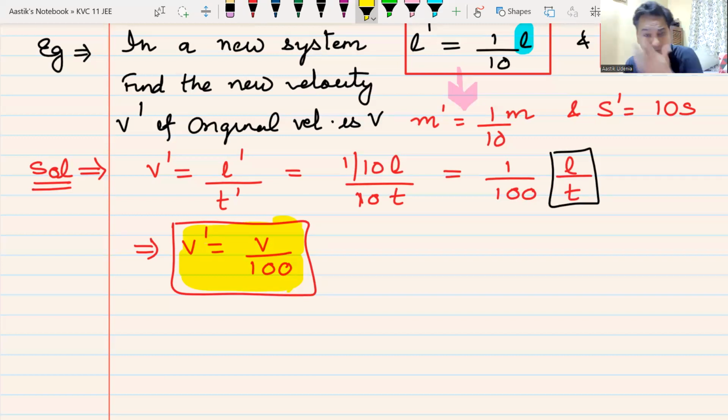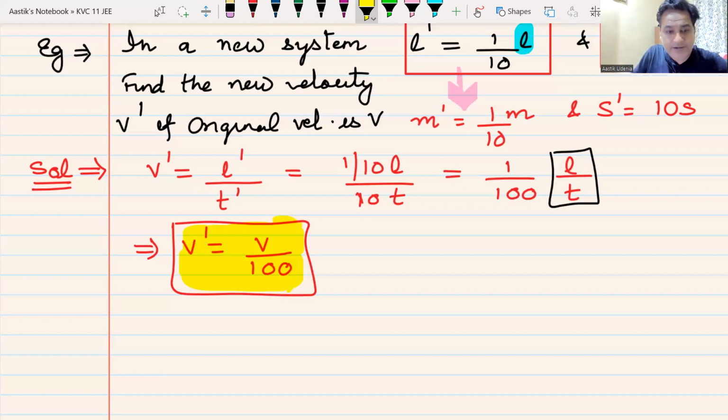In a new system, we had to find out the new velocity. New length was 1 by 10 times of original length. New time was 10 times original time. Shall we move on to the next question?